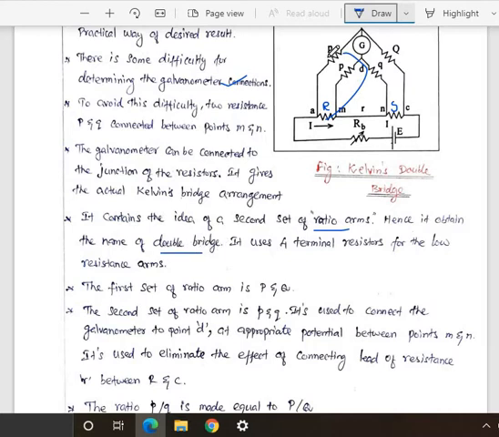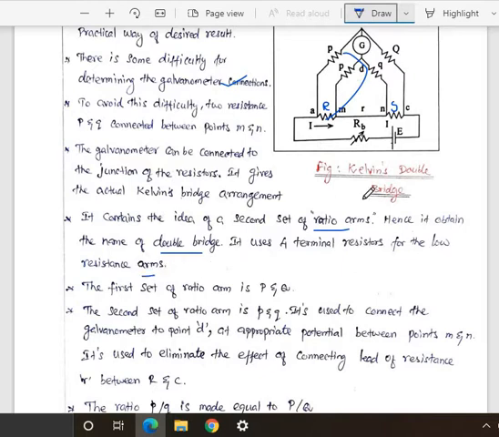It can be the same as capital P and capital Q, so the same set of arrangement is arranged in parallel. So it is called the Kelvin double bridge. It uses 4 terminal resistors for the low resistance arm.